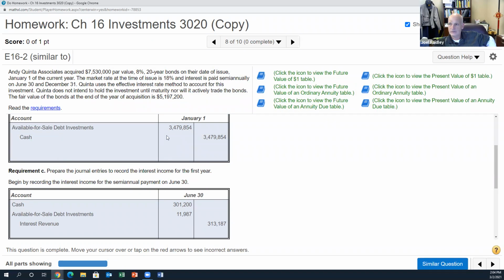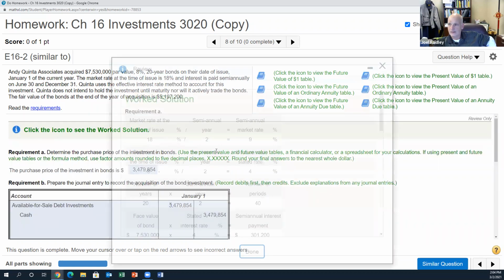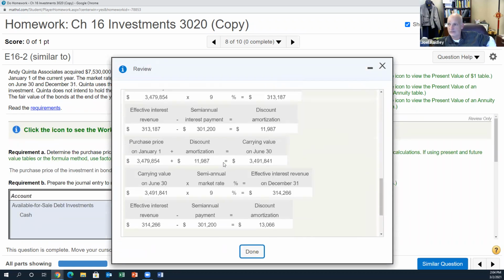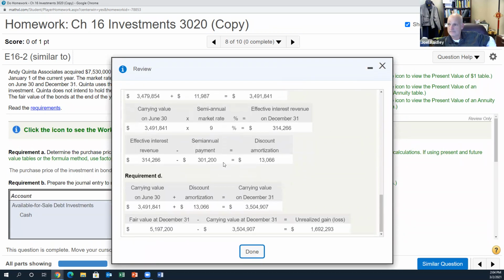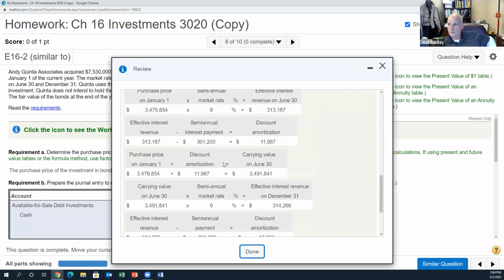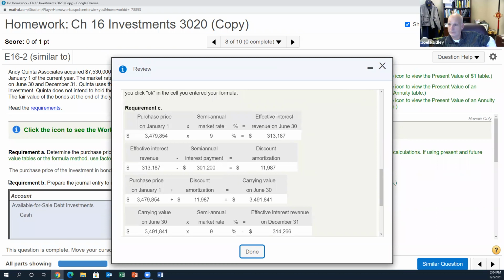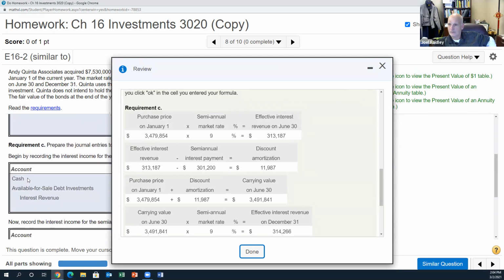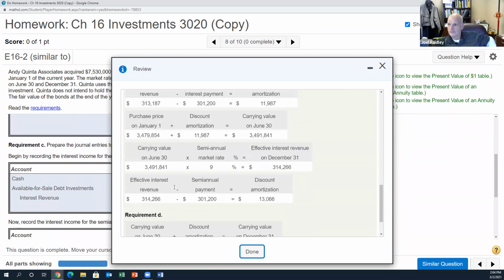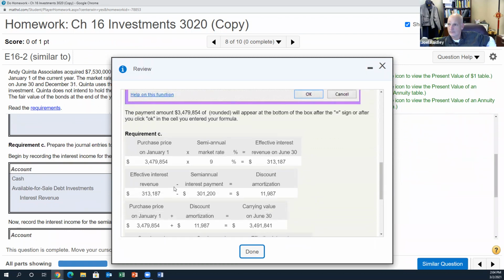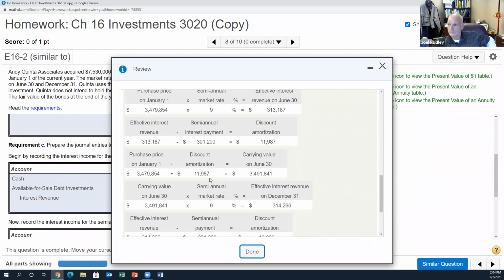Both those are debit entries. Will give me a new balance for the second period. So if I look at the second period entry down here, which is probably requirement C, there it is, 3,491,841, right there, times 9%.